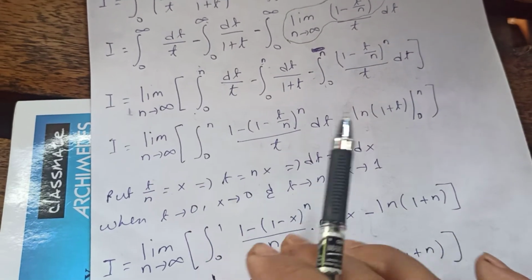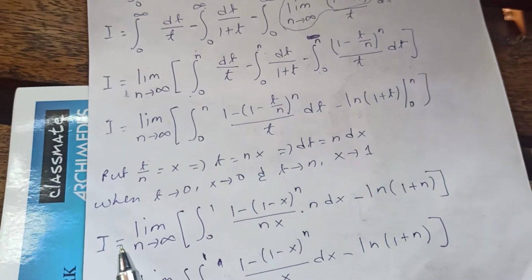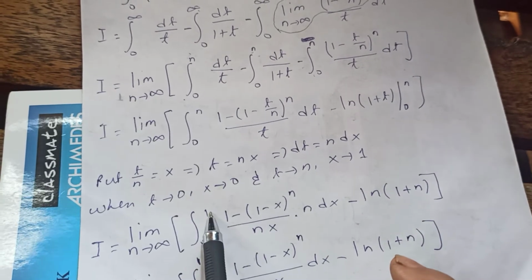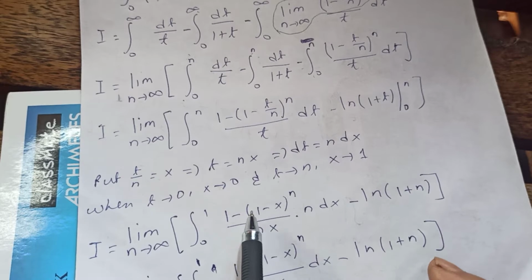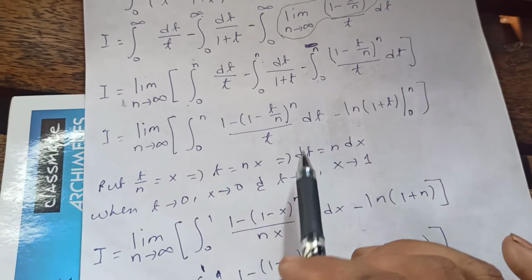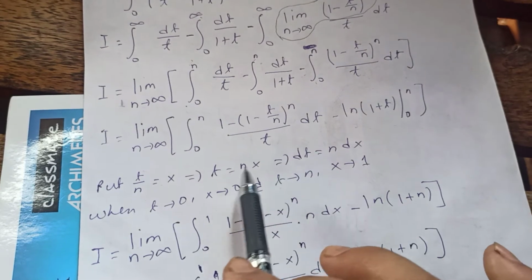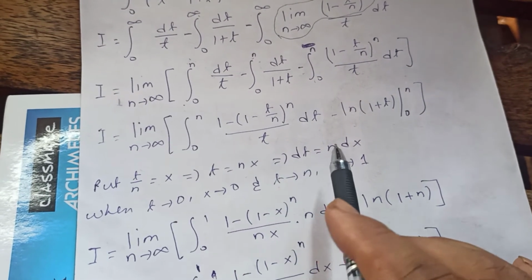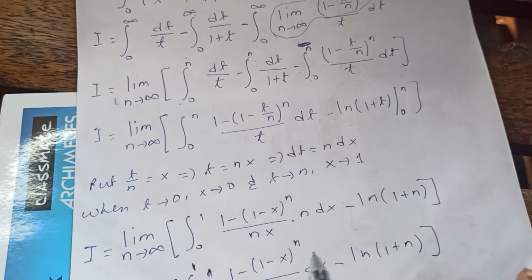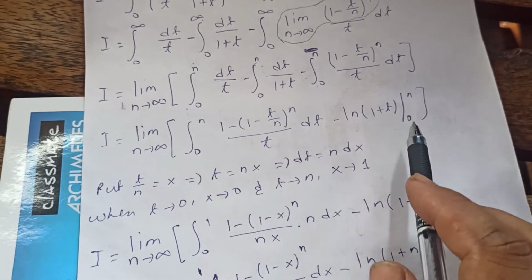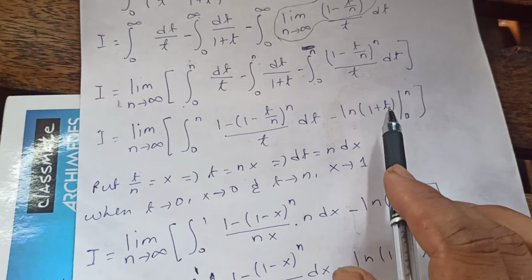Therefore our new integral will be the limit as n tends to infinity of the integral from 0 to 1 of (1 - (1-x)^n)/(nx) times n dx, since t/n is x and t is nx, and dt is n dx, minus log(1+n) minus log(1+0).